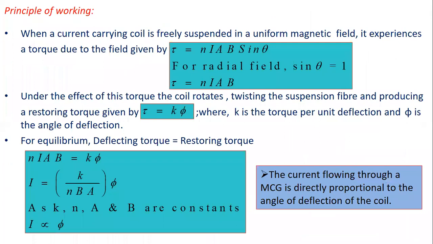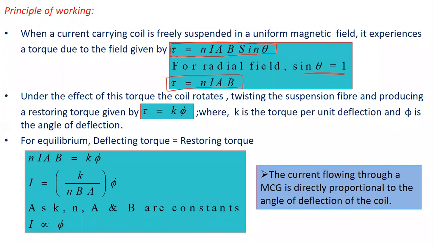For a radial magnetic field, which I told you the concave poles produce, the angle theta is always 90, so sin 90 is 1. So the torque is equal to NIAB.